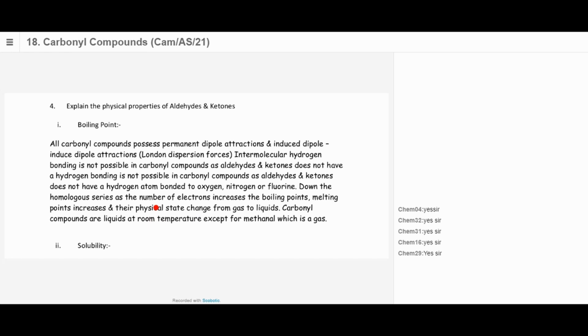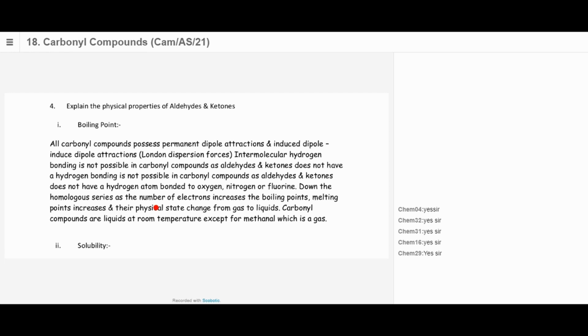That is, the boiling points increase as you go down the homologous series, because the number of carbon atoms increases. The type of intermolecular attractions which exist between the carbonyl compounds is van der Waals forces, meaning the permanent dipole attractions as well as induced dipole attractions. Together it's referred to as the van der Waals force.